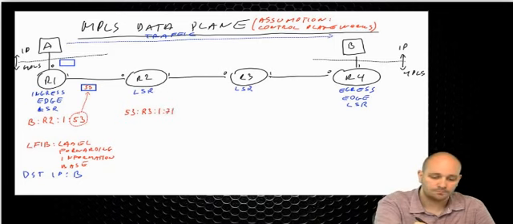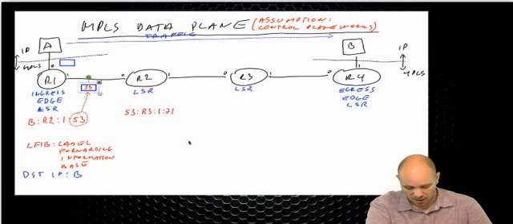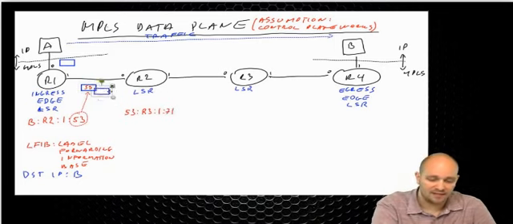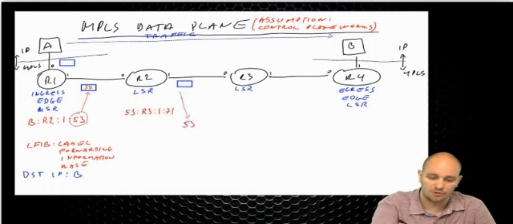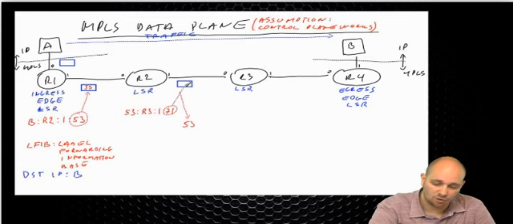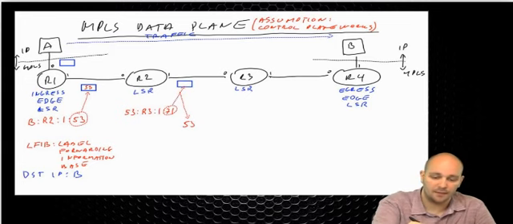So now, what R2 is going to do, it's going to take this packet, it is actually going to drop the label, it's going to throw the label 53 out, so 53 gets dropped, and this label 71 now gets installed in the packet instead. So this packet now gets the label 71.